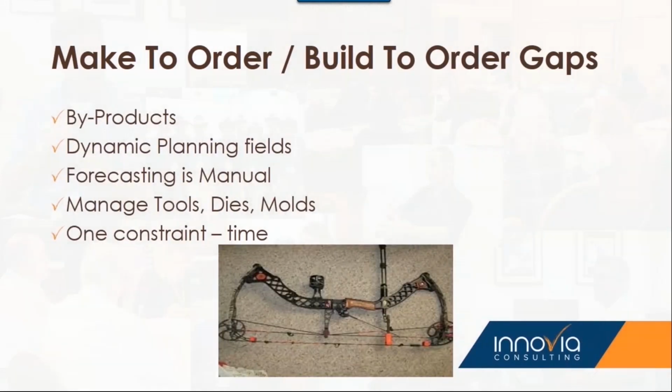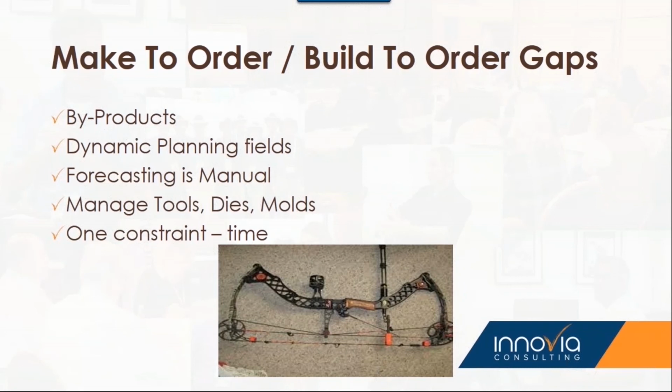Again, some gaps: make to order, byproducts, planning we talked about, dynamic. And the only constraint we have in NAV or BC is time. So if you have a tool constraint, where a tool can only be used on one job at a time, you're not missing a setup to say, well, for this tool, I want to treat this like time.